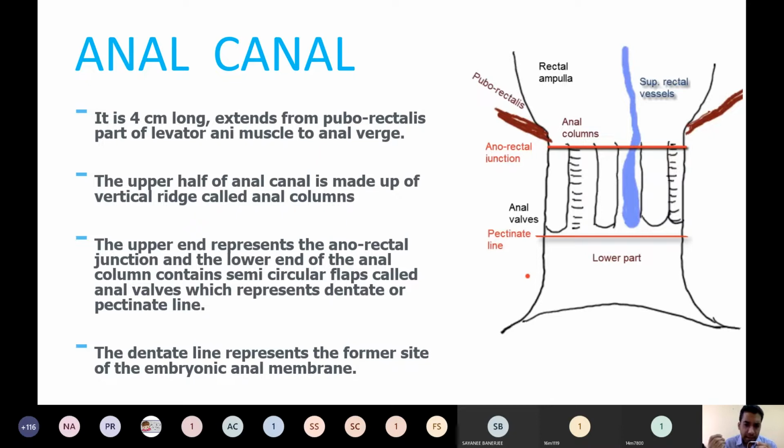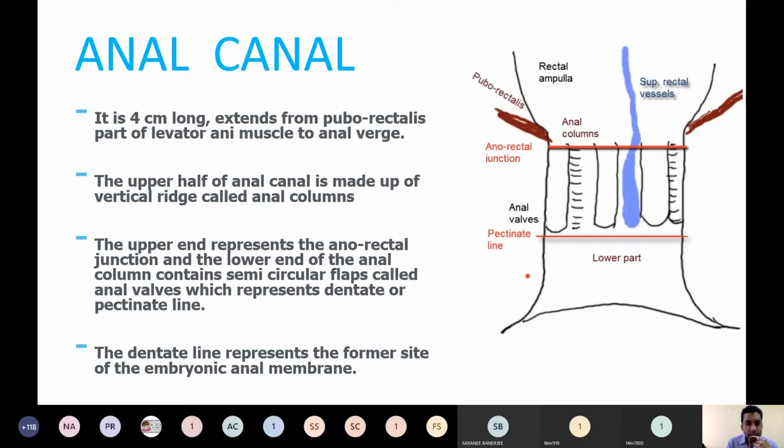These anal glands produce mucus, and that mucus empties into the anal canal to facilitate the easy passage of bowel movement or stools. The ducts which empty this mucus into the anal canal are found along the dentate line or pectinate line.